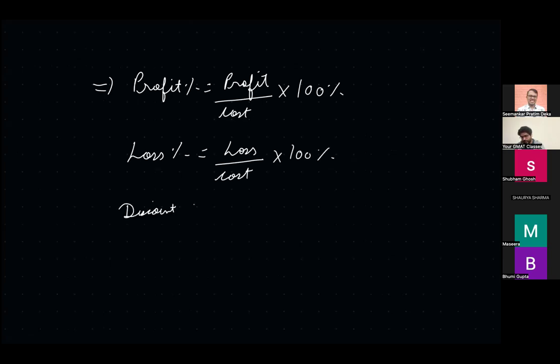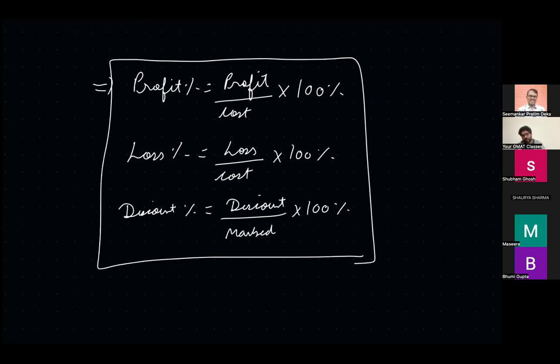Discount percent will be equal to discount upon marked price into 100. So these are the percent values that we might need to solve in profit and loss. So this wraps up the theory of profit and loss, everything I wanted to cover for today.